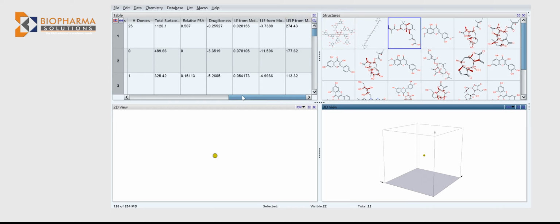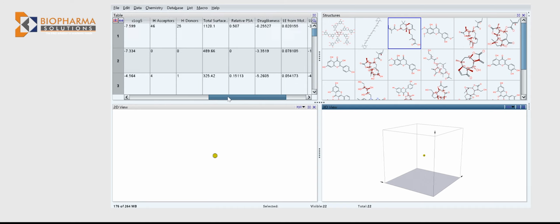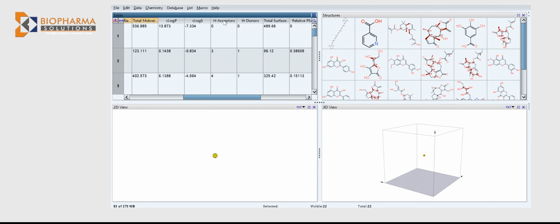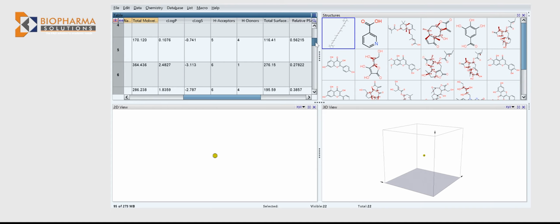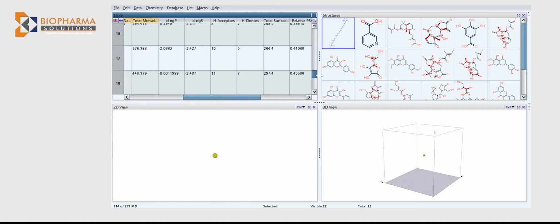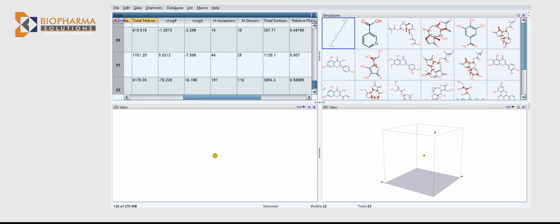Okay, now if you go through this, we can use some primary features like hydrogen bonding donor, hydrogen bonding acceptor, etc., and make a primary screening. Like hydrogen bonding donor, our requirement is up to about 5, right? Here it is up to some 10 or 11 or 16, 46 is there, 191 is there.